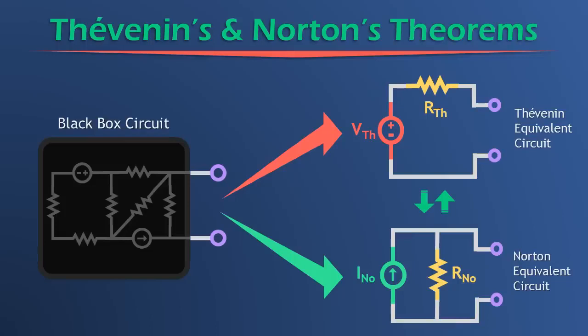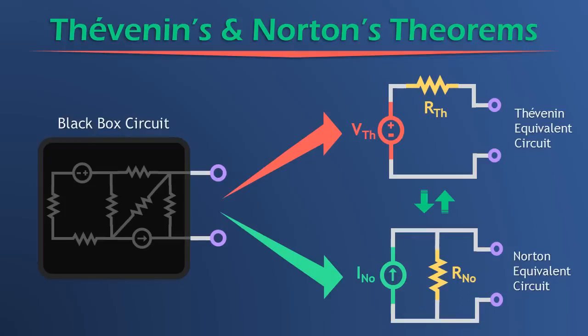You may know the components and the schematic for the black box circuit, but you don't really care about them because all you care about is how the black box interacts with the outside world. What are its inputs and outputs like? So you can reduce a super complex circuit to just one source and one resistor.